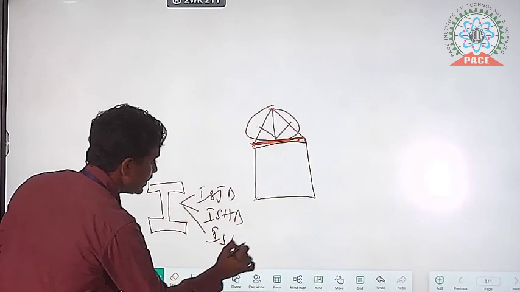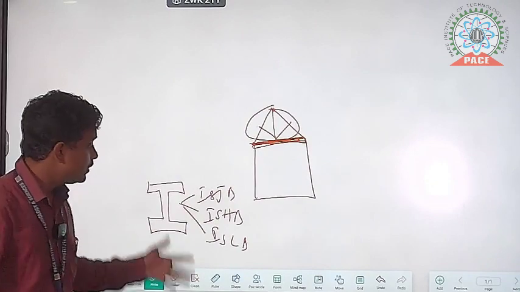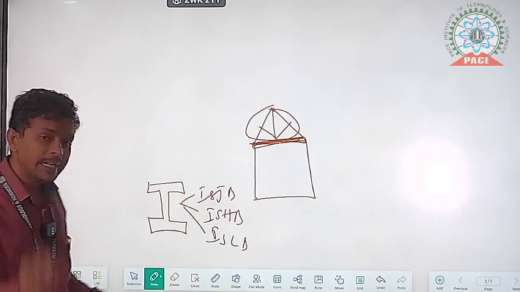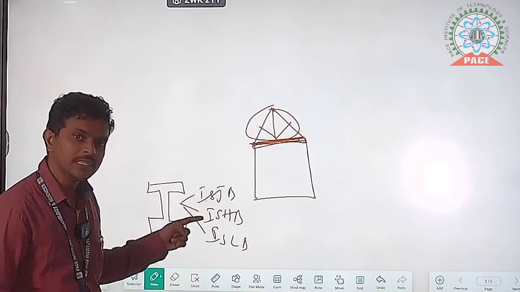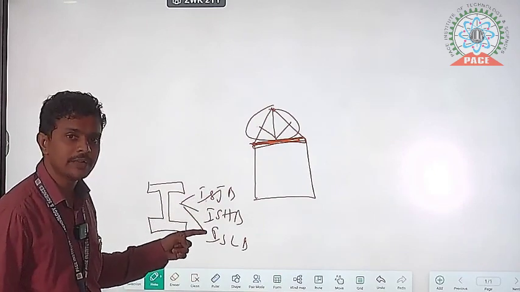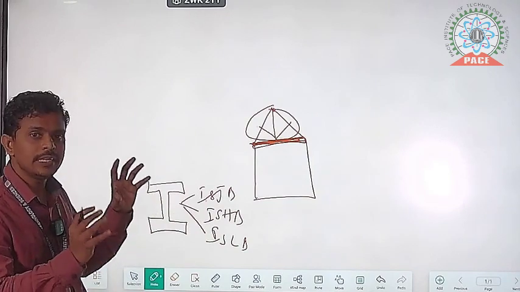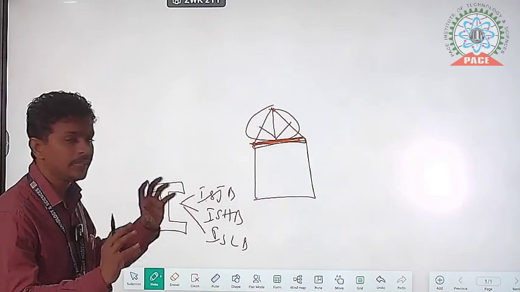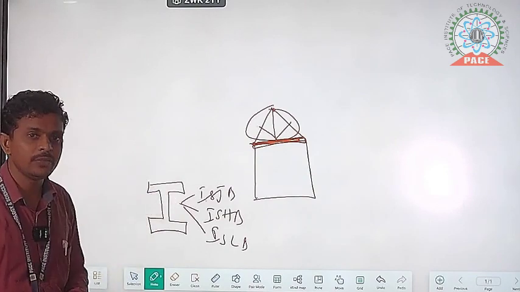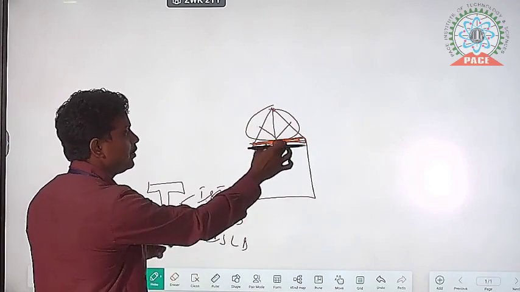I told you already, different types of beams have different properties. So whatever the beam is, it will resist whatever the beam is fit for. So you can take any one beam. Before we place the beam, first we have to check whether this beam is safe or not.